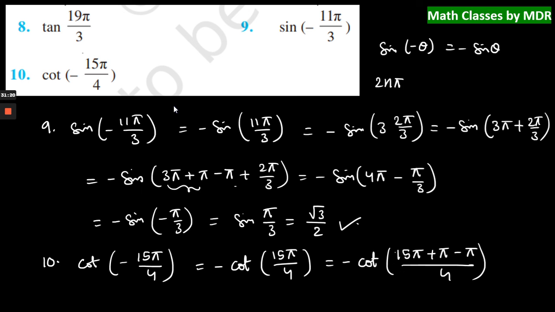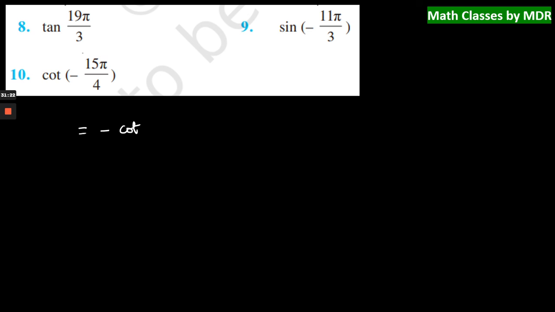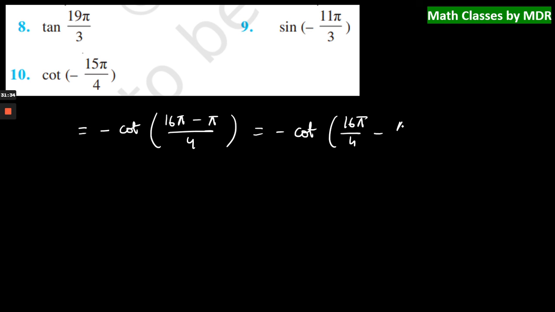So minus cot 16 pi minus pi by 4. Further, it can be written as minus cot 16 pi by 4 minus pi by 4, and that is equal to minus cot 4 pi minus pi by 4.